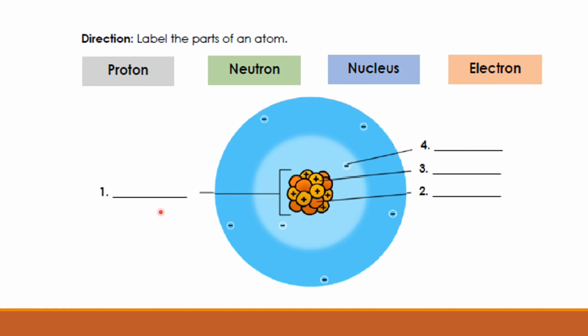Number 2, the neutral charge. Number 3, the positively charged. And number 4, the negatively charged. We have proton, neutron, nucleus, and electron. Choose the correct answer from the boxes.